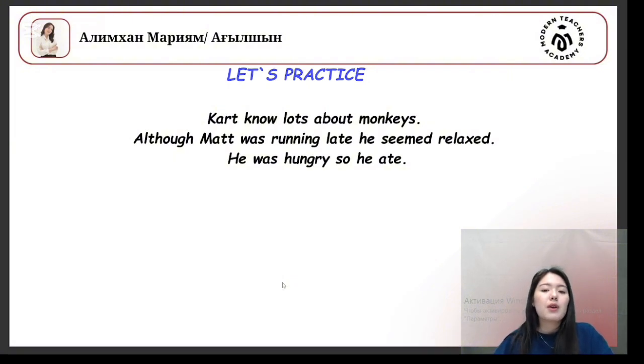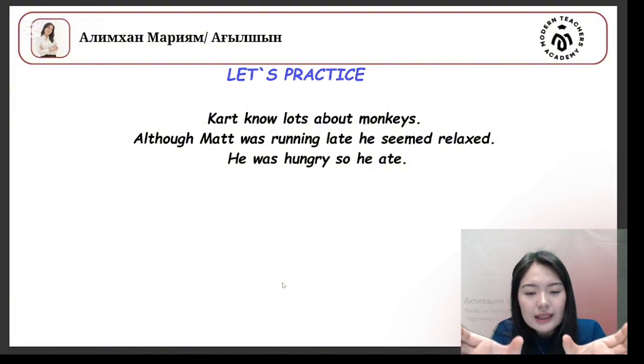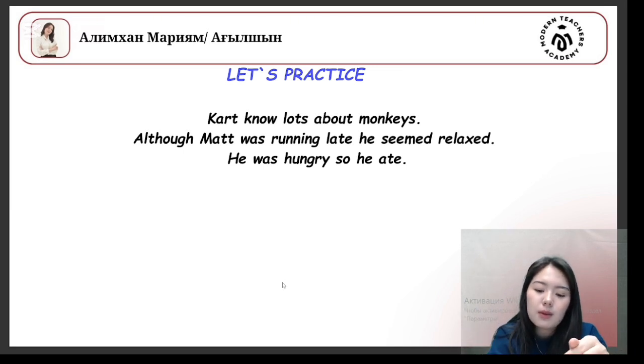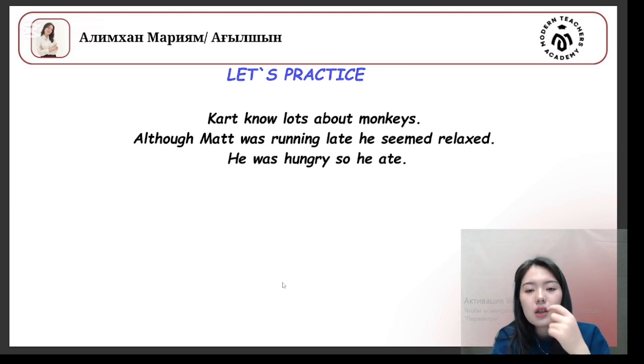And because of the coordinating conjunction, we determine that it is a compound sentence, because both clauses have a completed thought. He was hungry, period, and he ate. It has a completed thought. It has a meaning. It can stand alone and be independent.